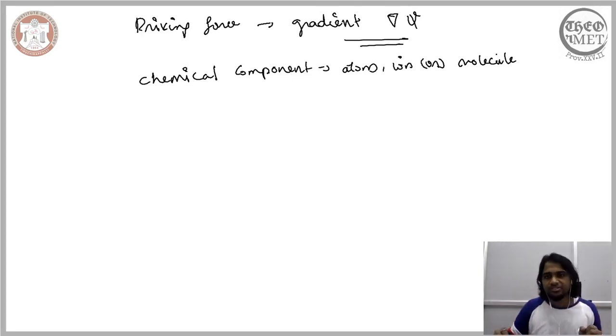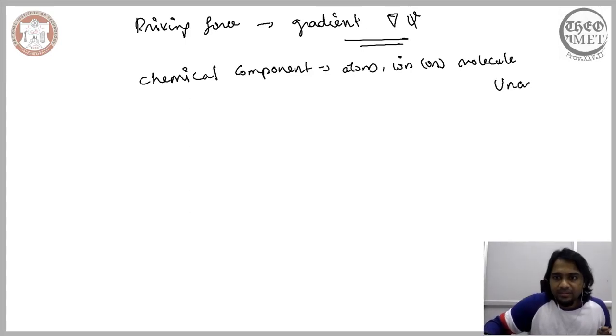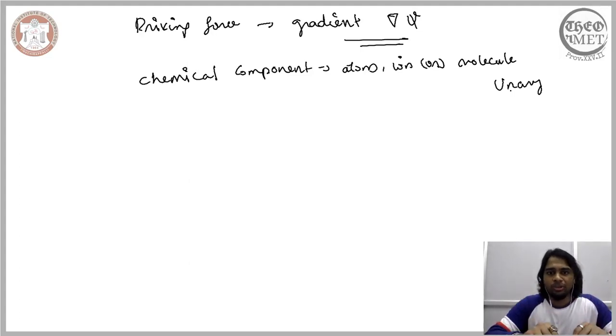To make our discussion easier, like we have done in our previous lectures, wherein we begin with a simplistic consideration and build on it, let us restrict ourselves to a unary system, meaning a system that comprises only one form of atoms, ions or molecules. There is only one form of chemical component that constitutes the system we will be considering in this lecture.